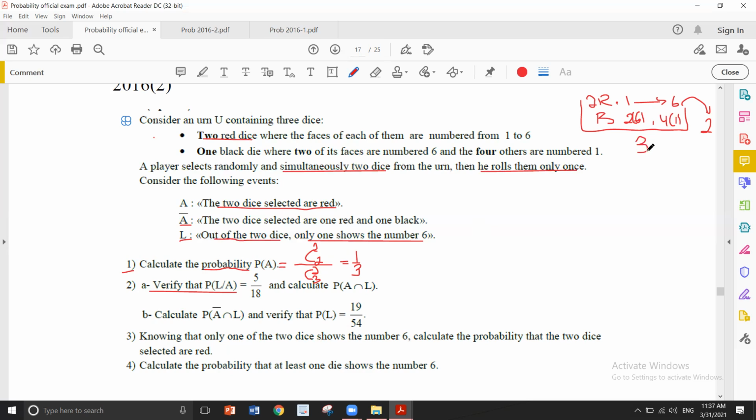If you hear, I have 2 red dice and 1 black. So we have 3 dice. Okay.